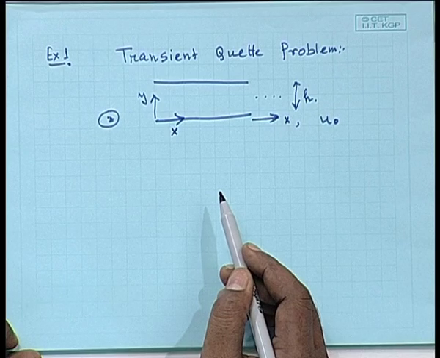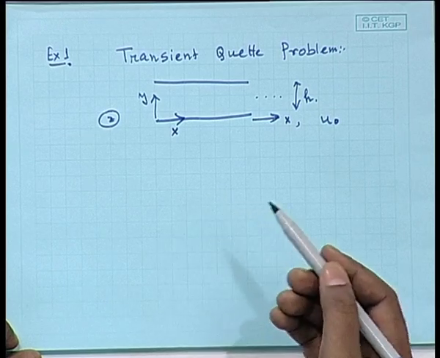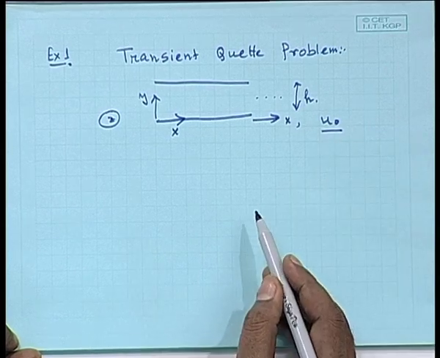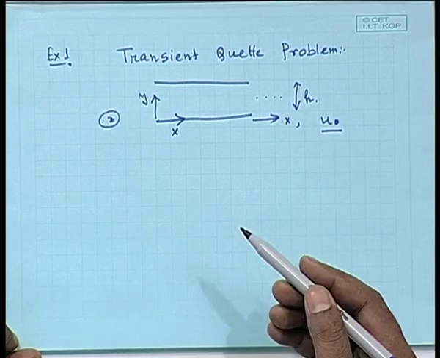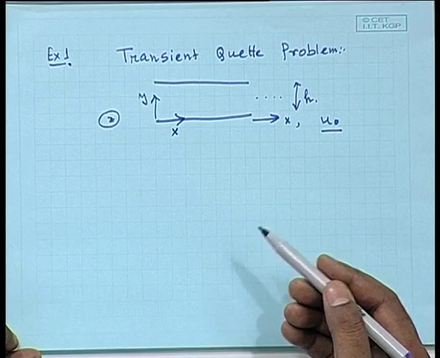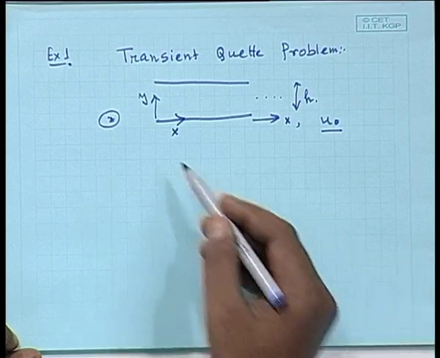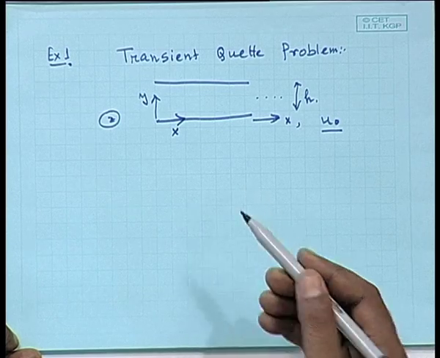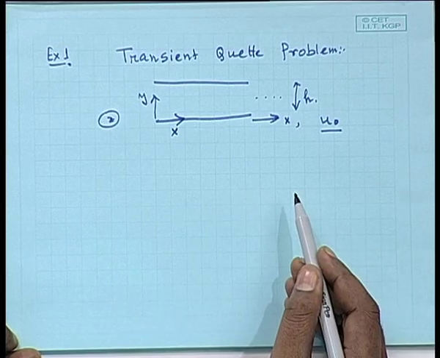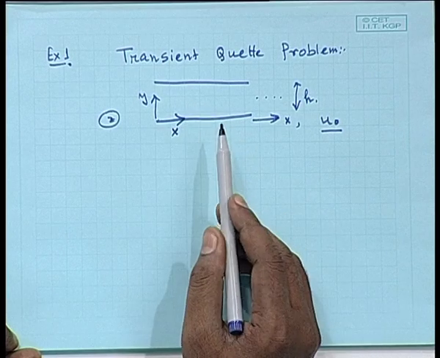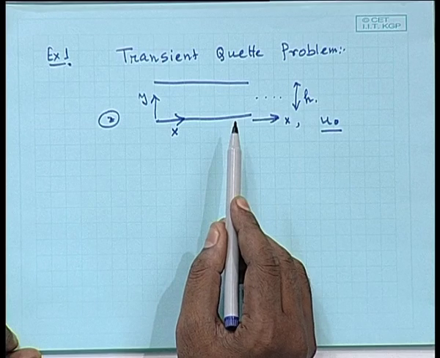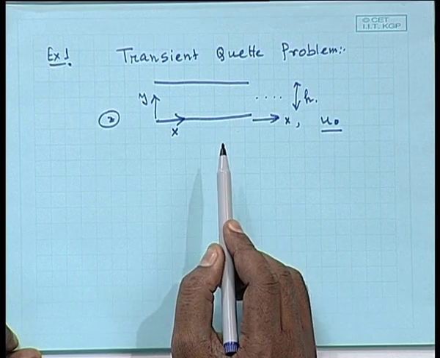After the lower plate starts moving, there will be a transience, and after that the velocity will be fully developed, that is, the steady state will be attained. You must have solved this problem using the Navier-Stokes equation and obtained the steady state velocity profile.